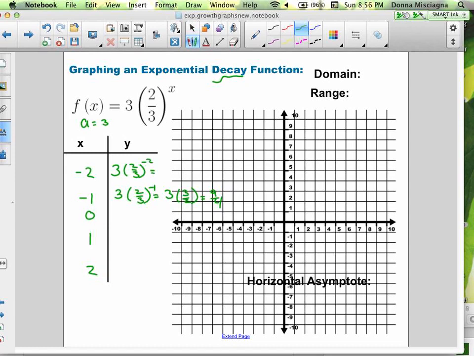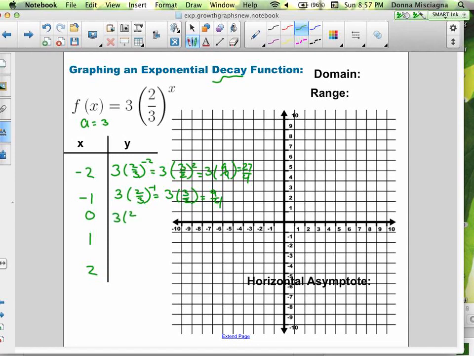We can put that in. That would be 3 times 3/2 squared. So that's going to be 3 times 9/4, and that's just 27/4. That's a little under 7. We can fit that in.